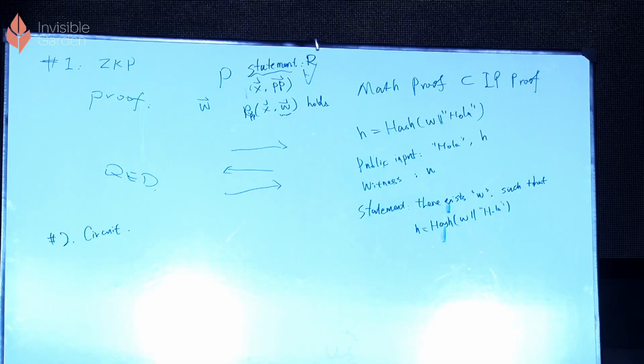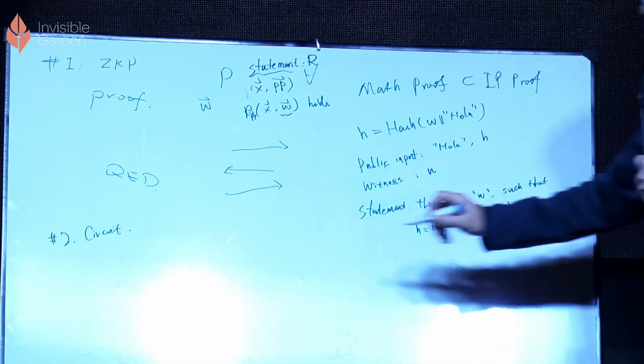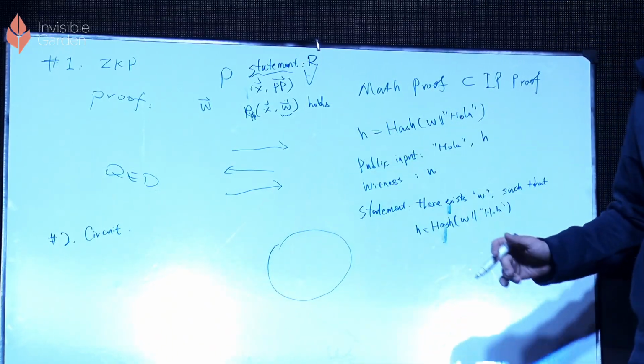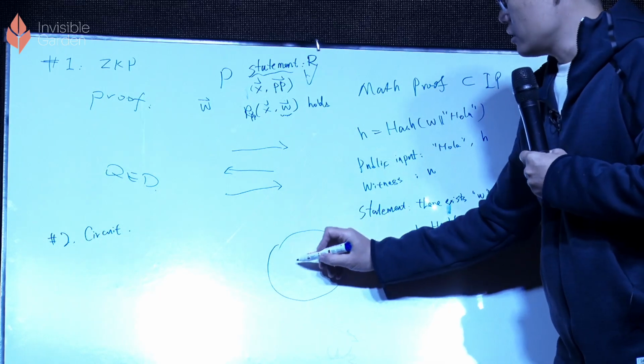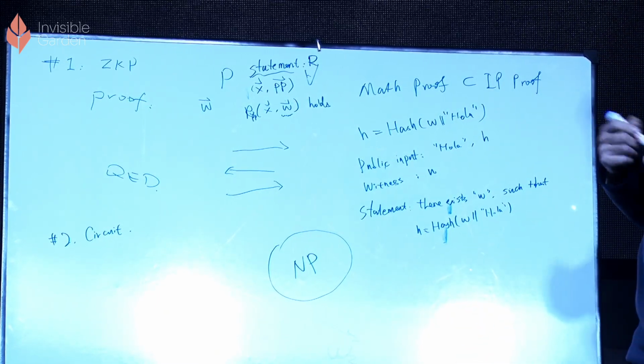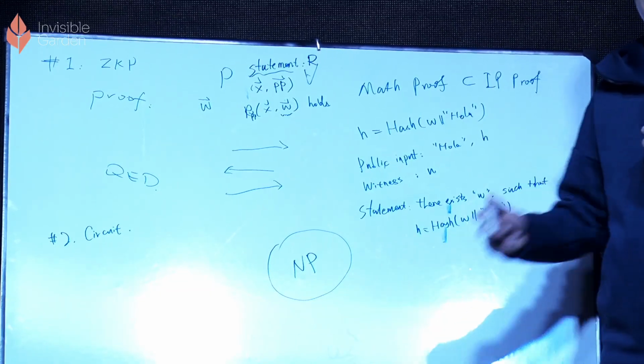How should we use circuit? For general proofs, in computer science, there is a theorem that the prover can verify a set of problems. The set of problems is called NP. NP is the class behind the question of whether P is equal to NP.